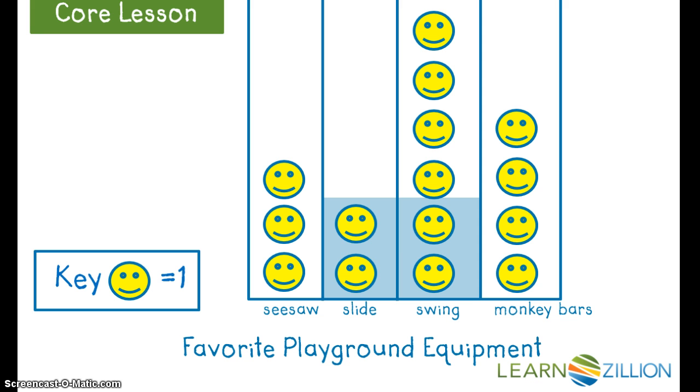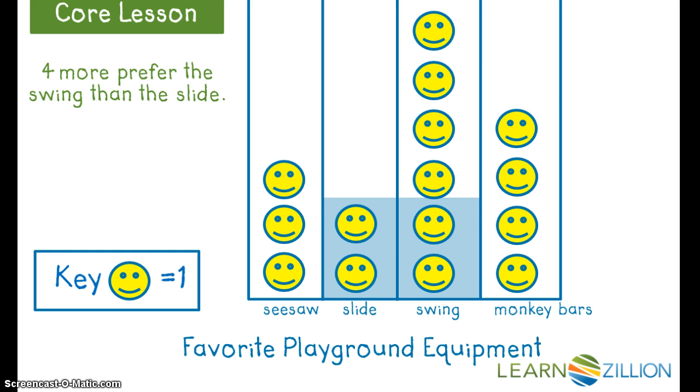Well, 6 students voted for the swing and 2 students voted for the slide, so I can look at it like 6 minus 2 equals 4, or I could also look at it like 2 plus what number will equal 6. If I start at 2 and count up to 6, 2, 3, 4, 5, 6, I still get the difference of 4.